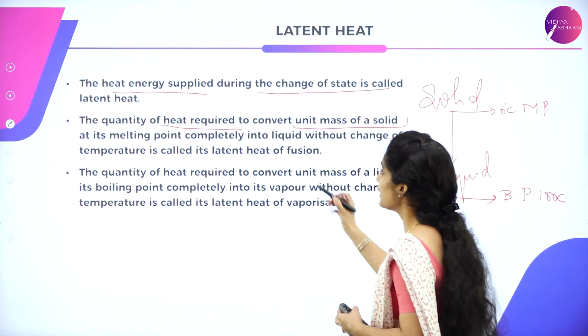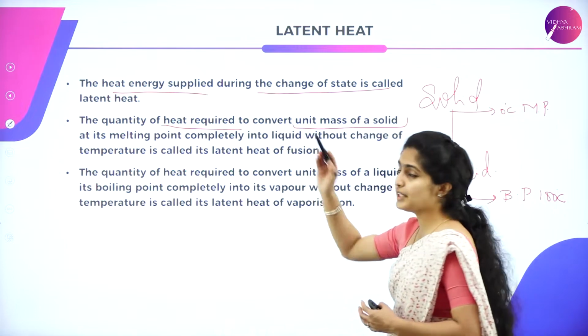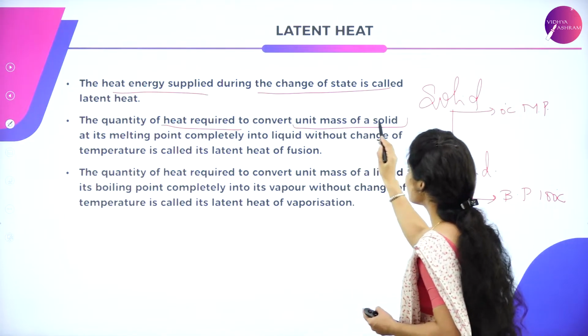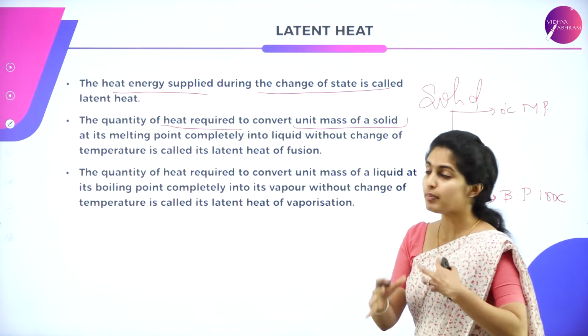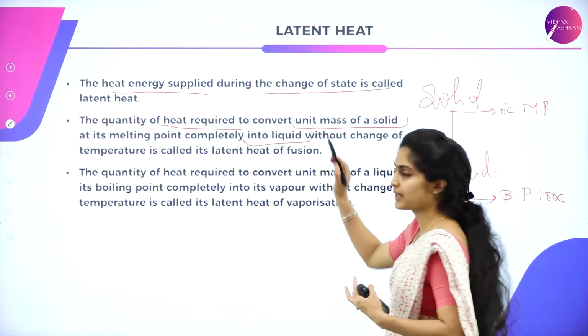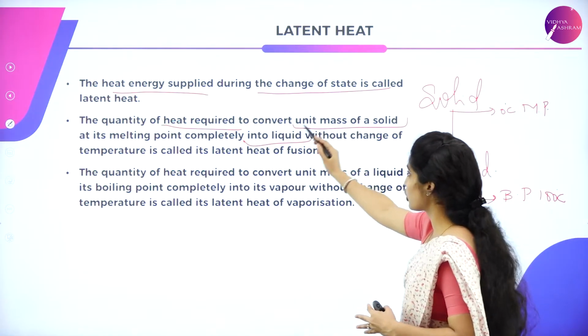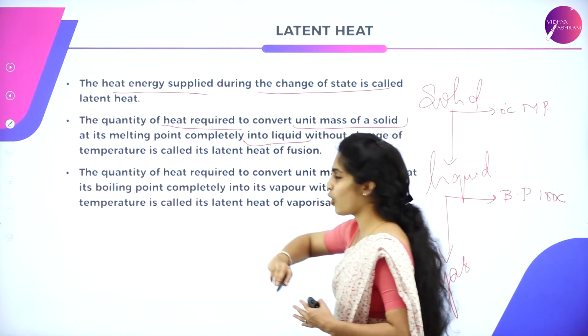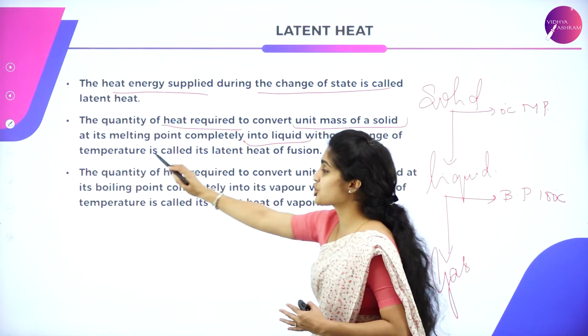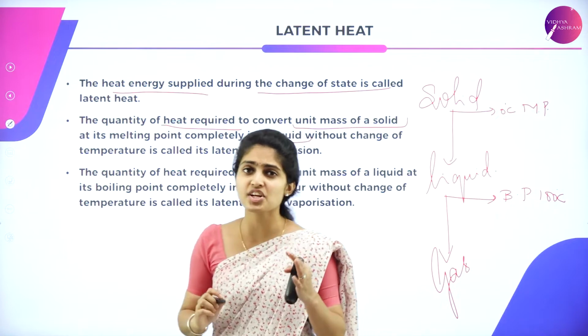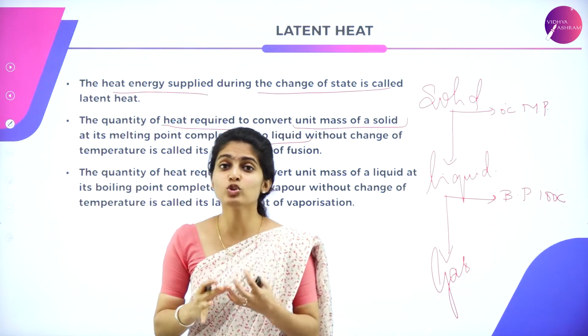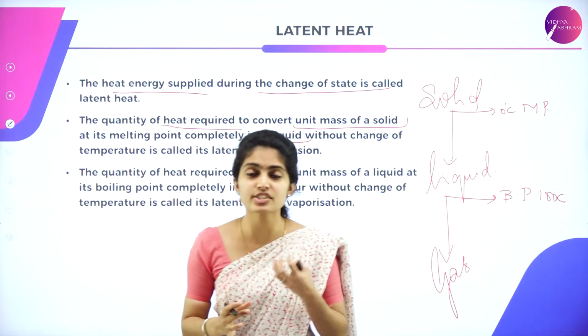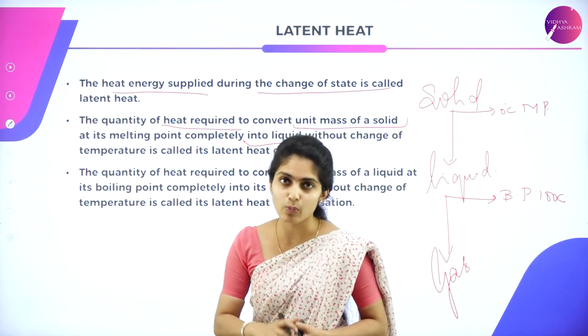So the quantity of heat required to convert unit mass of a solid into liquid at its melting point happens without change in temperature. There won't be any change in temperature. The only change is in the heat provided.